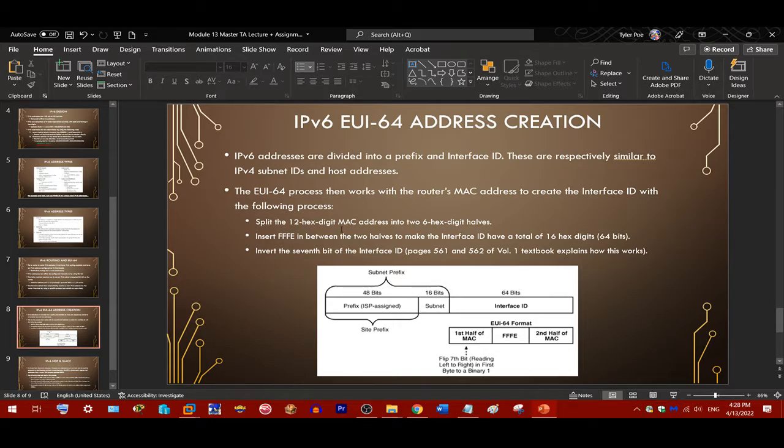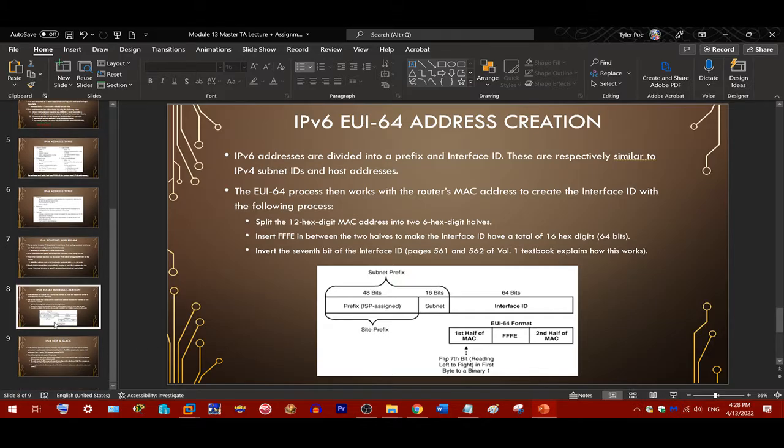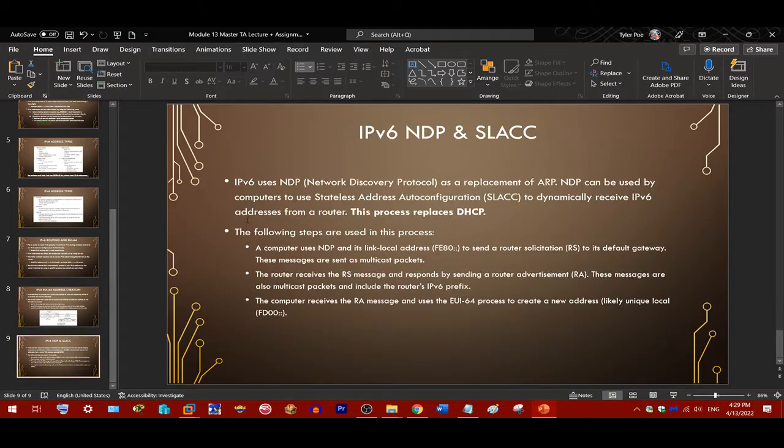This EUI-64 process works on this part of the address. This part is just your subnet ID. This part here is the part that has your MAC address, the FFFE part, and then the inverted 7th bit. If you want to include how this process works in your answer in your lab document, again, pages 561 and 562 of Volume 1 in your textbook will be a great resource.